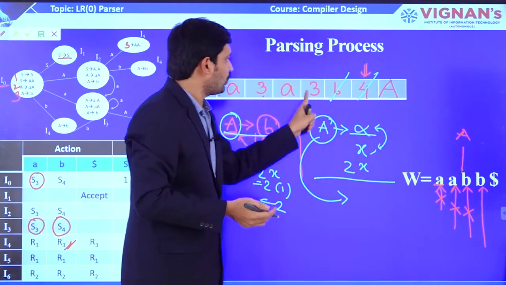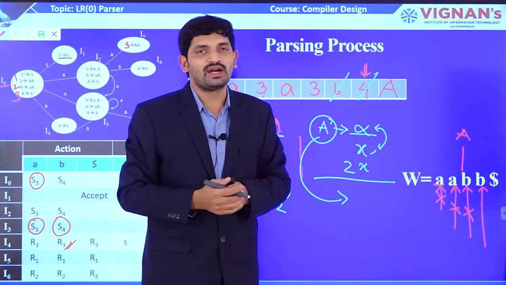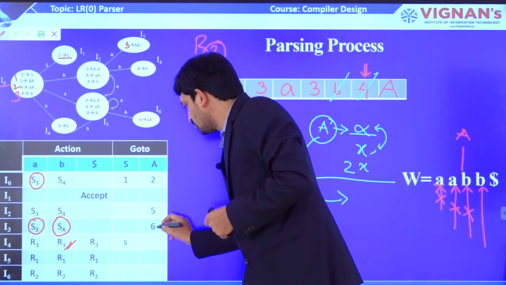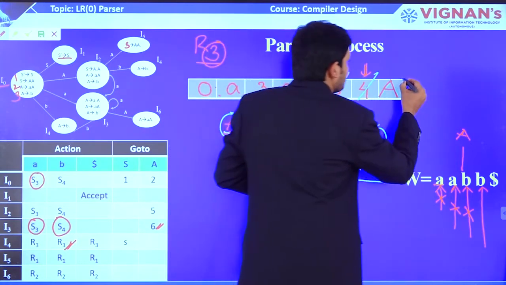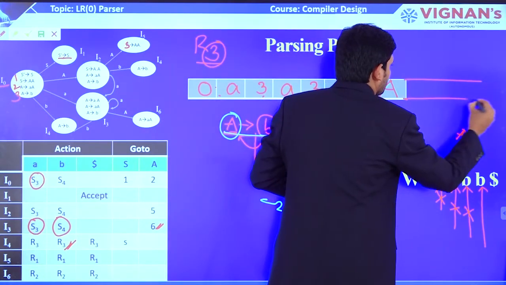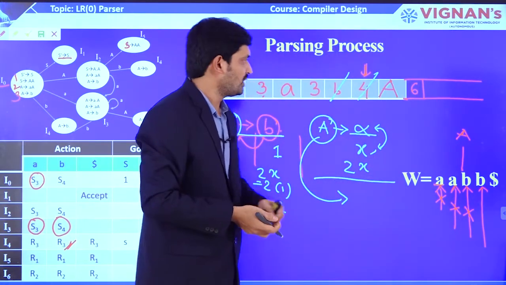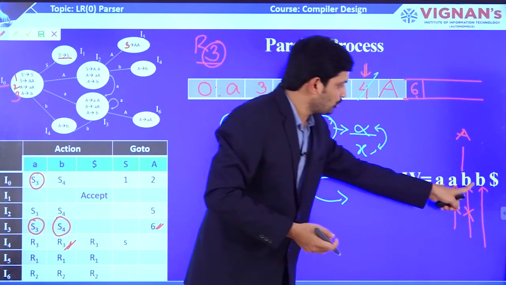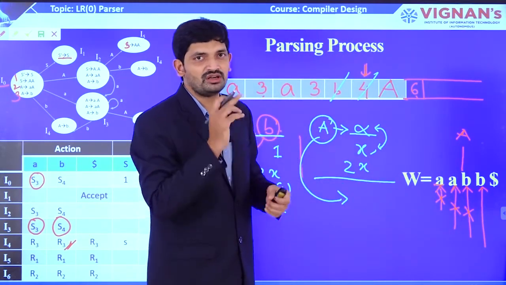Now, go to the table and check what is I3 on capital A. I3 on capital A, you can see, is 6. So push 6 onto the stack. Now the top of the stack equals 6 and the input pointer is B. You can clearly observe that we are not going to increment the input pointer.